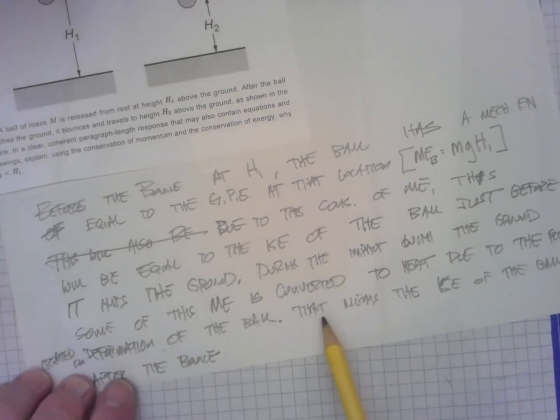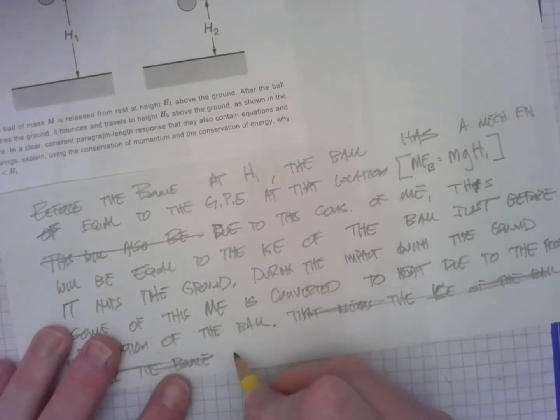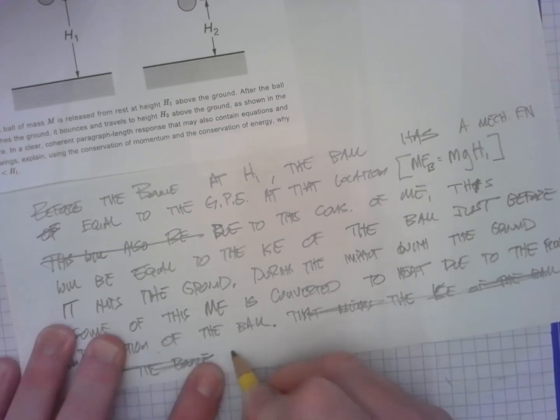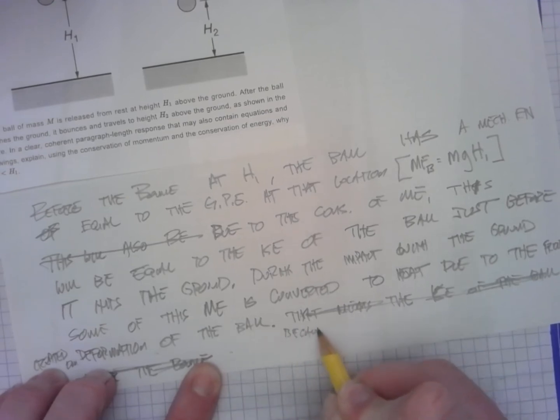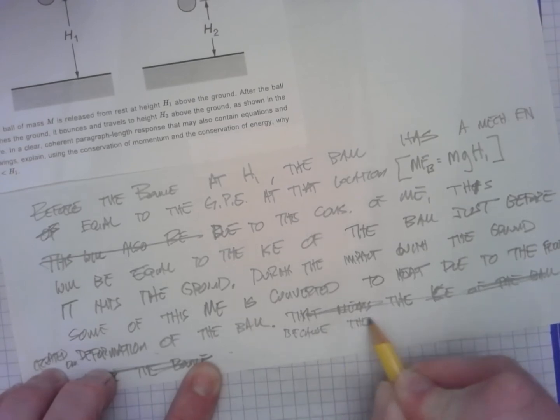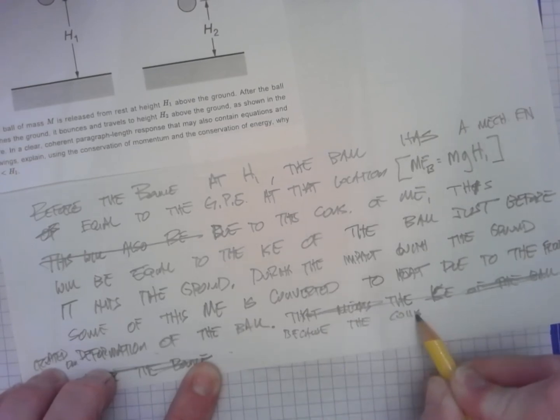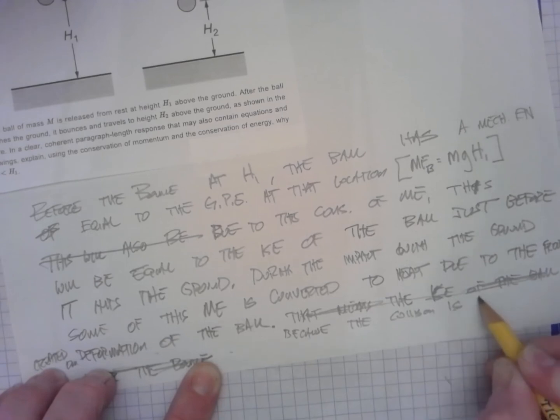We should probably say we know that this is going to be true, but we're going to put a sentence in between. Because, or how about this? Because the collision is partially inelastic. There we go. We got momentum in there.